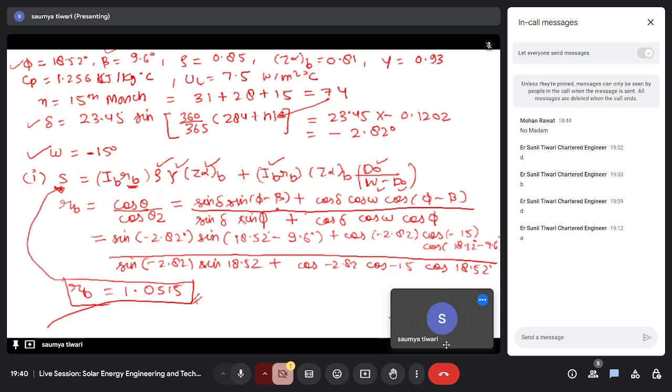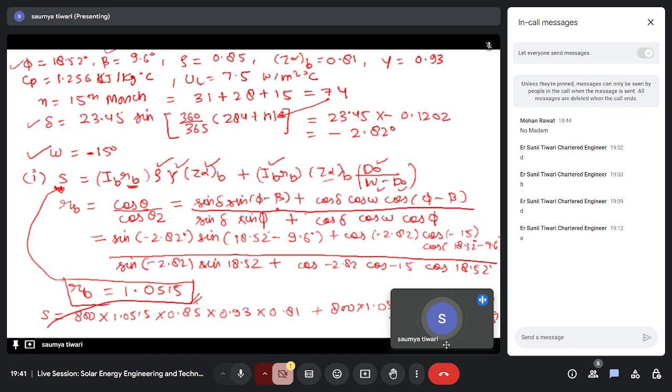So S equals IB, the incident beam radiation, which was 800, into RB, 1.0515, into reflectivity, the spectral reflectivity, 0.85, into intercept factor, 0.93, and tau alpha average, 0.81, plus 800 into 1.0515 into 0.81, tau alpha b, and D naught, the outer diameter, which was 8 centimeter, so 0.08 meter, upon W minus D. Your width was 3.5 and your D is 0.08.